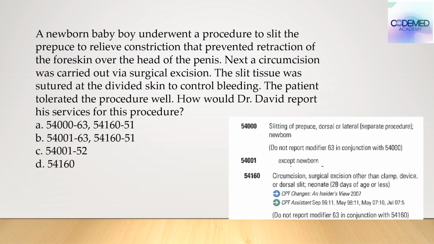So we cannot take that, and we will find out whether option D is the correct answer or not. Yes, option D is the correct answer because it is talking about circumcision, surgical excision. And here they have carried out the circumcision via surgical excision. So that's the correct answer.